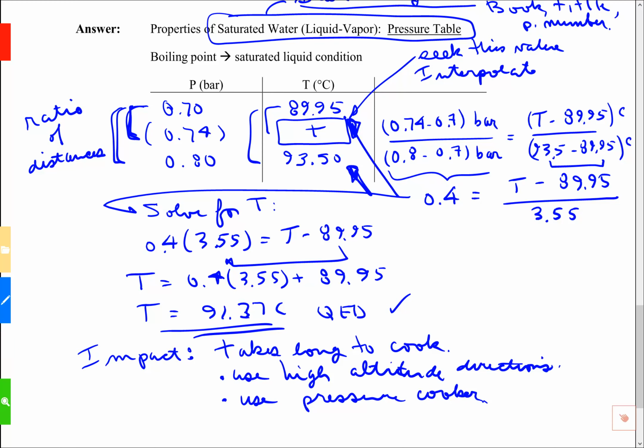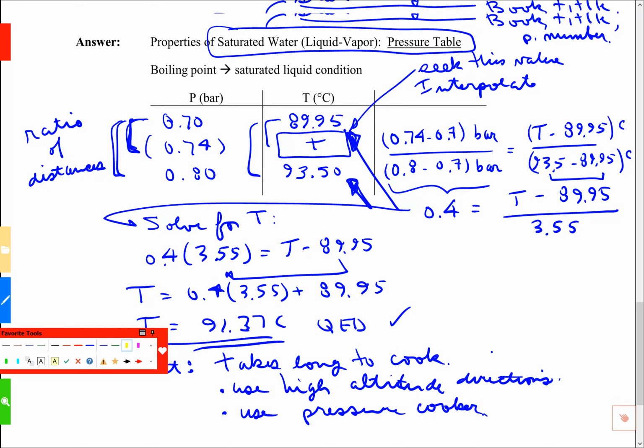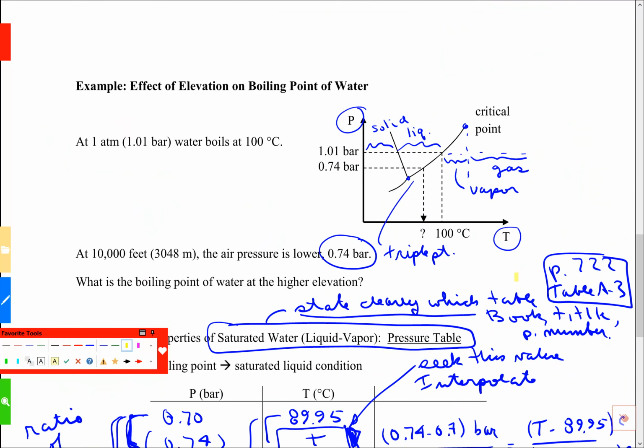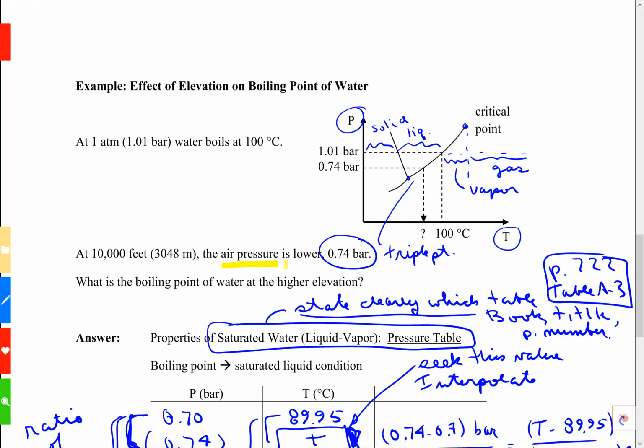All right, let me recap. We were asked to study what happens when the air pressure is lower and find the new boiling point. We used a PT curve, and because of the slope of the saturation line, when the pressure goes down, the boiling point goes down.